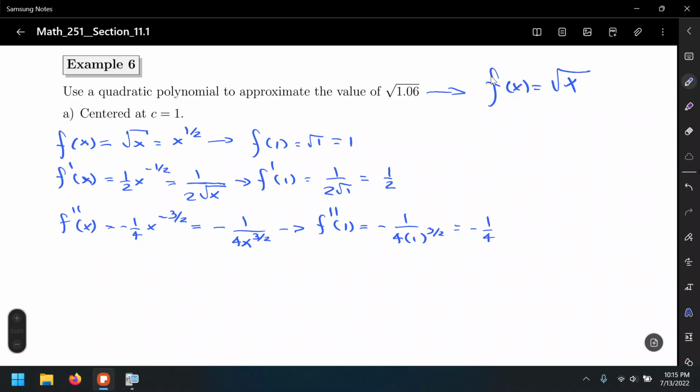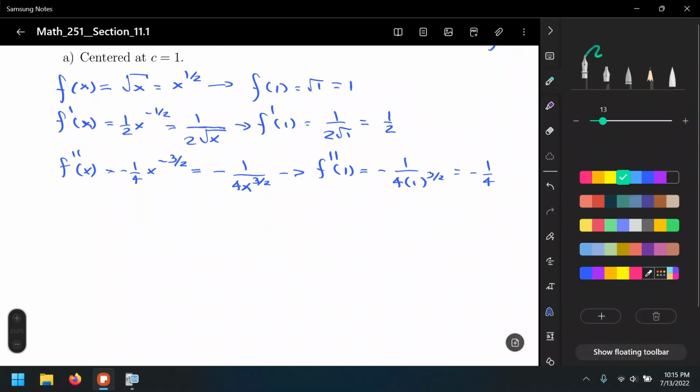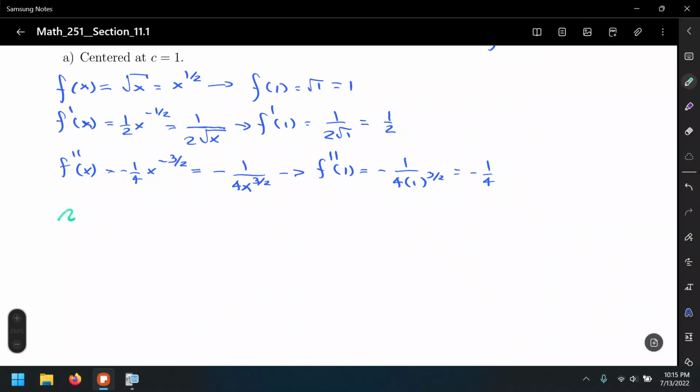So we have all the information that we need to find the second degree polynomial, p sub 2 of x, which is f of 0, no, that's not at 0, it's at 1 rather. So f of 1 plus f prime of 1 times x minus 1, plus f double prime at 1 times x minus 1 squared over 2 factorial.